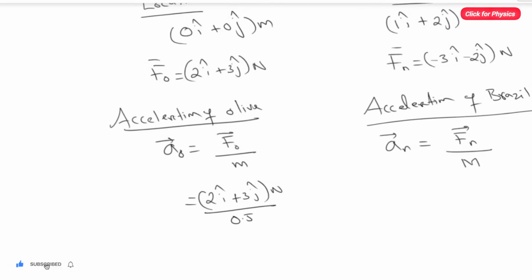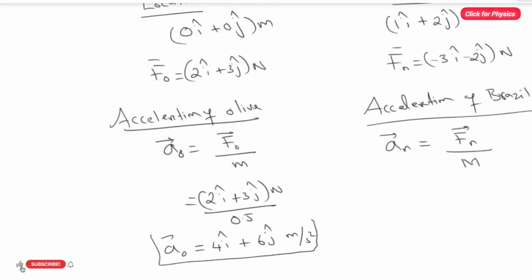So we can split this into 2, and you will get the i cap and j cap parts separately. 2 divided by 0.5 is nothing but 4 i cap. Likewise, 3 divided by 0.5 is nothing but 6 j cap, and its unit, the unit of acceleration, is meter per second square. So we found the answer for the acceleration of the olive.